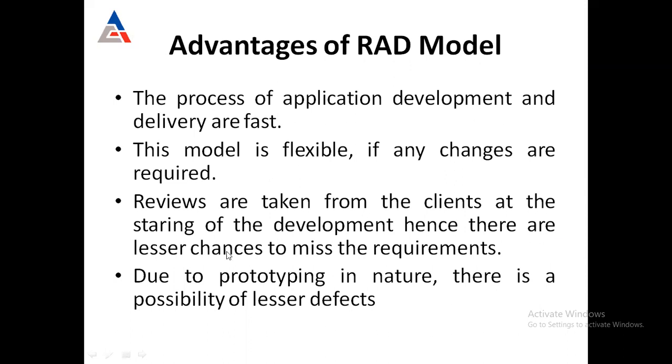Hence, there are fewer chances of missing the requirement because the customer is involved in every phase. So they can gather the review from the client, and because the client or customer keeps on steering how it is being developed in each and every phase, the chance of missing requirements is least.